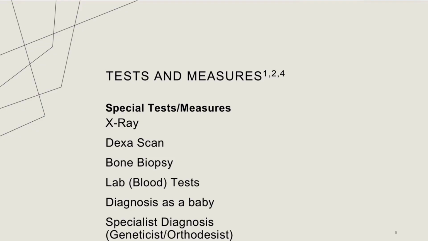Tests and measures. When patients get diagnosed with this condition, they usually get an X-ray, DEXA scan, bone biopsy, and lab tests. Diagnosis is usually at birth or around birth, and specialist diagnosis is usually utilized.